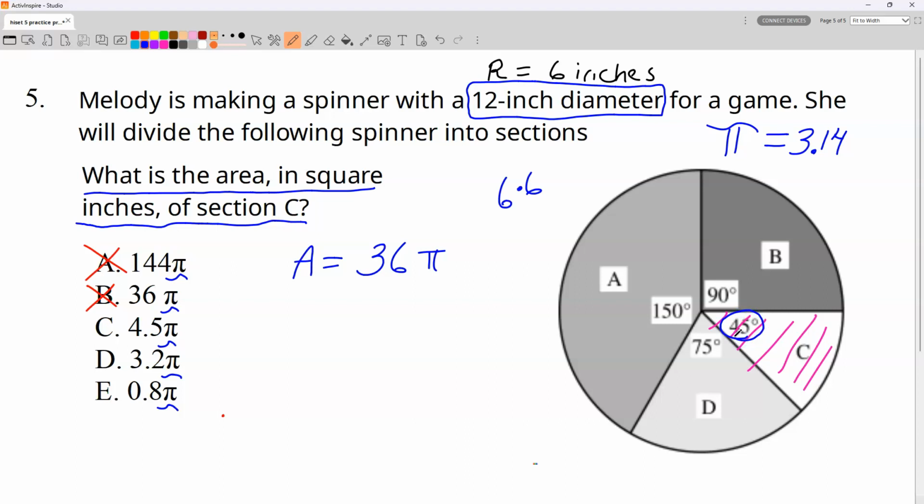Also, hopefully you remember that a full circle is 360 degrees. I mean, you could add up 90 degrees plus 150 plus 75 plus 45, and you'll get 360. Or if you ride a skateboard, if you've ever done a 360, that's a full circle. So I'm going to think of a kind of a ratio here.